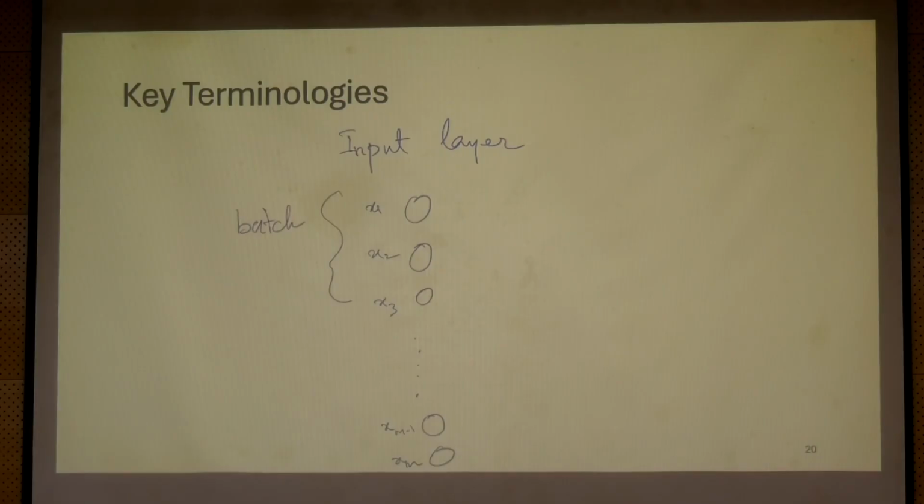If you have a lot of features, you can divide them into smaller batches. Usually the batches are uniformly divided, and therefore if there are n batches, m divided by n will give the number of elements in each batch. Okay.